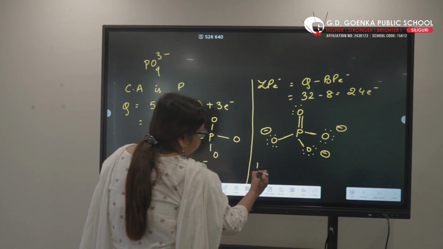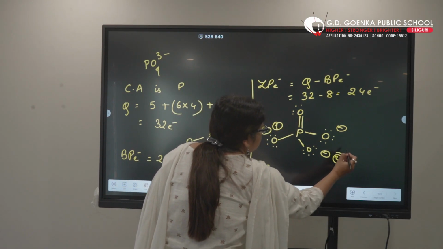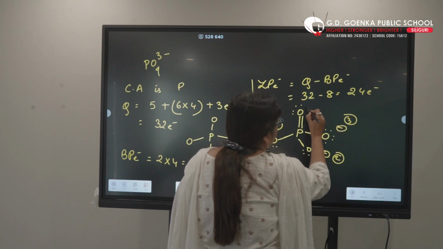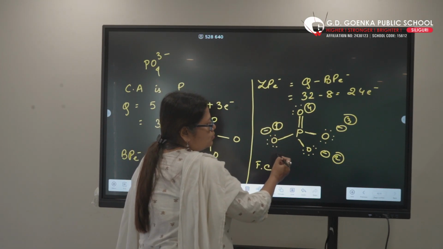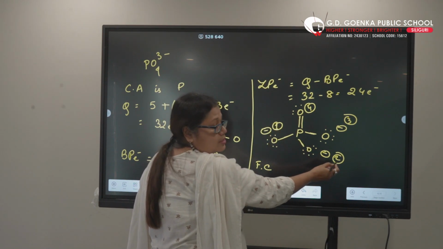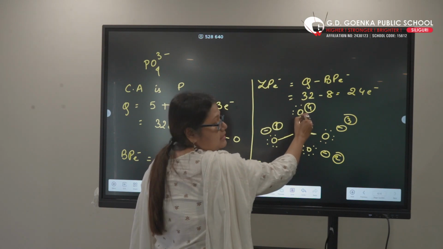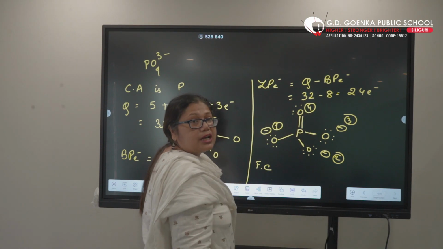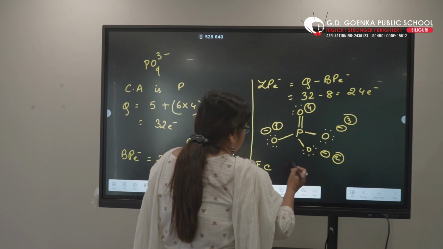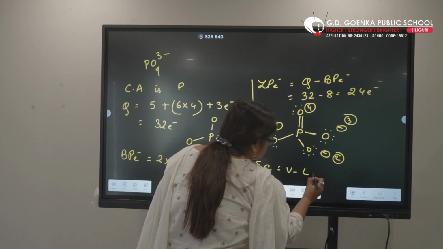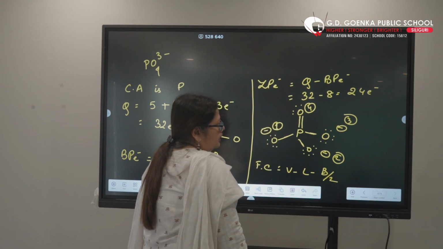Formal charge: say oxygen 1, oxygen 2, oxygen 3, oxygen 4 and phosphorus. You will get minus 1 for oxygen 1, again minus 1 for oxygen 2, oxygen 3 as well. For oxygen 4, phosphorus is connected by a double bond, so no charge. Therefore, you will get valence electrons minus lone pair electrons minus bond pair electrons by 2, right?